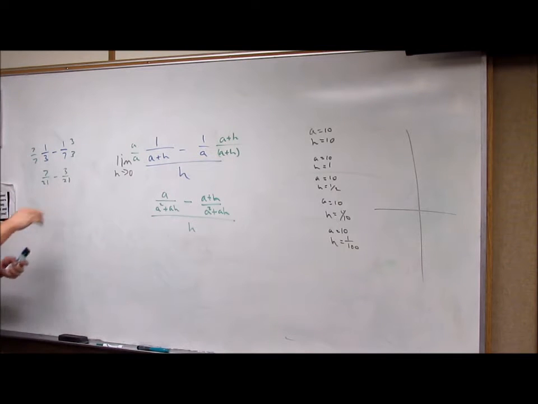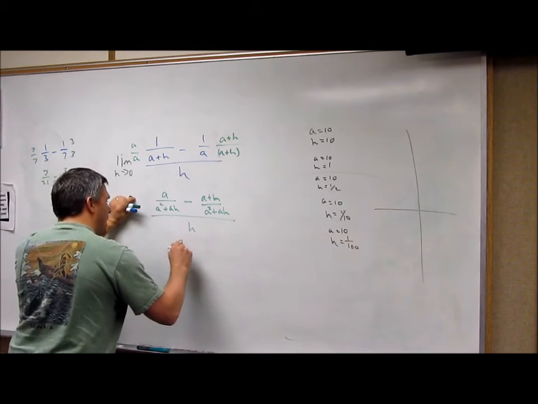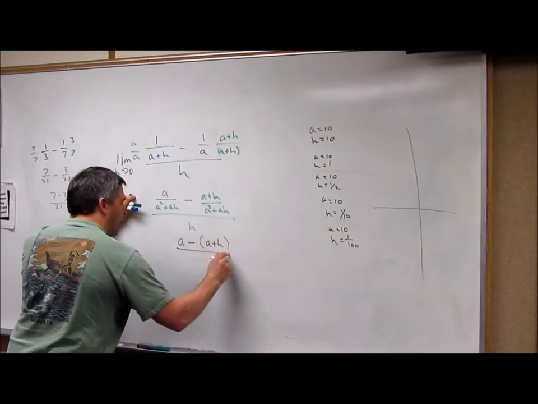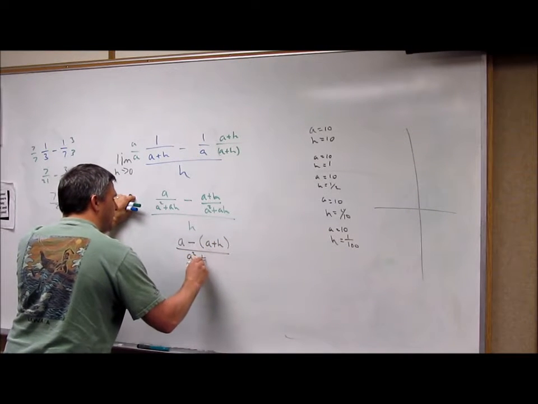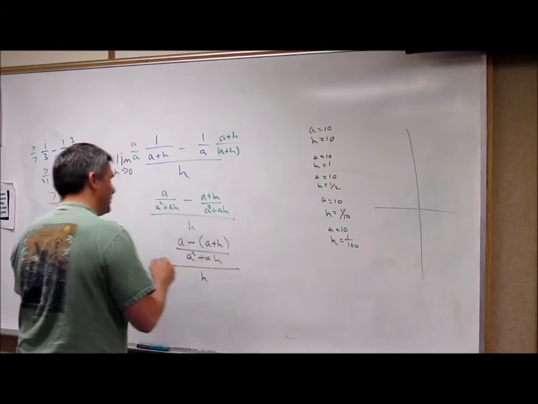Okay, but now we want to change this to 7 minus 3 over 21. So we can do the same thing here and say it's a minus the quantity of a plus h, over a squared plus ah, all over h.